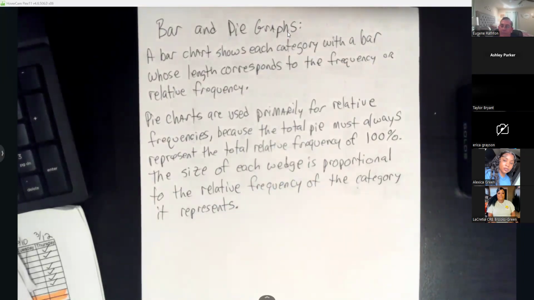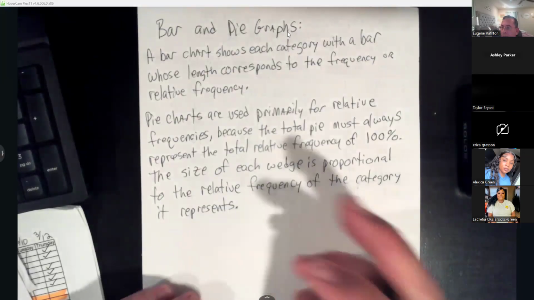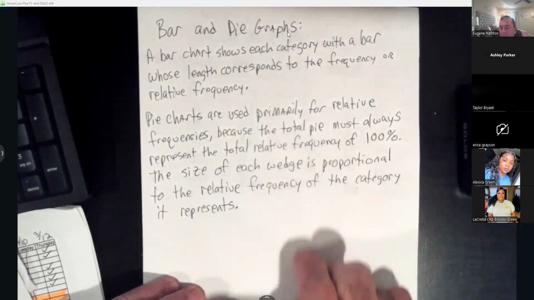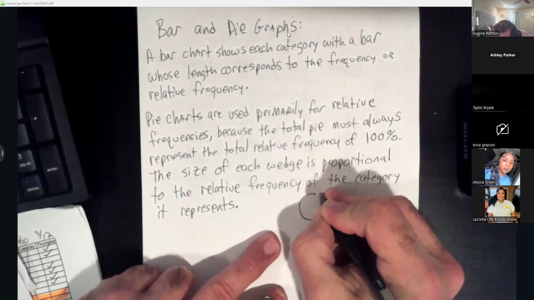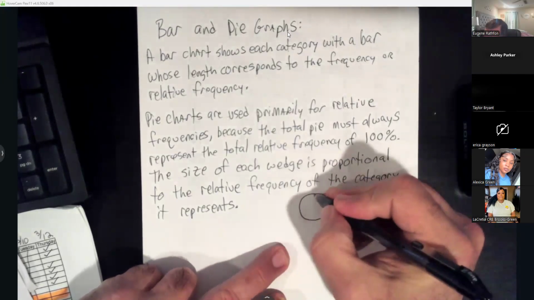Okay, so if you have something that's 50%, then half that pie is going to be done, right? So let's look at a pie and figure out what they're talking about.